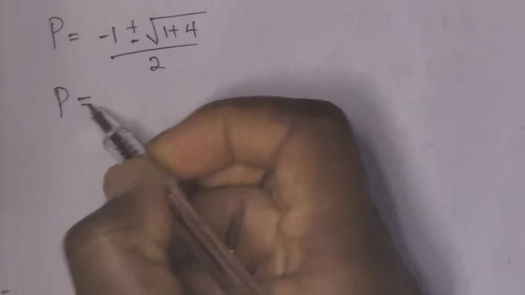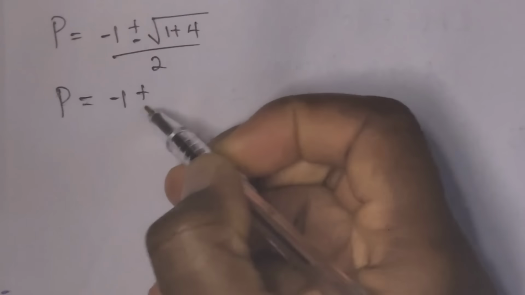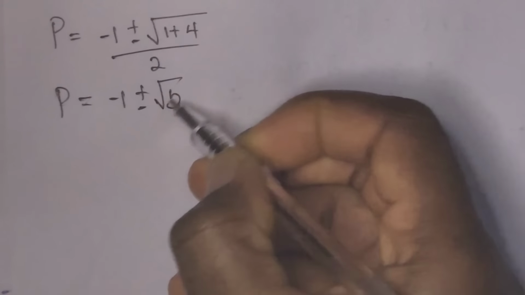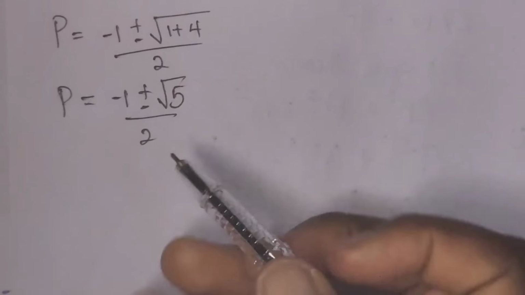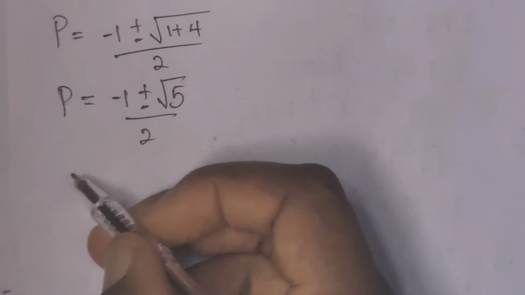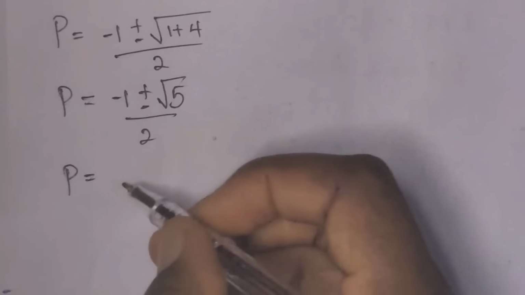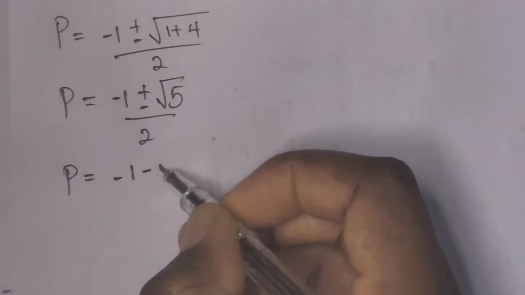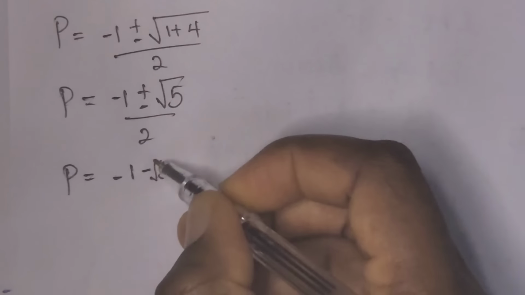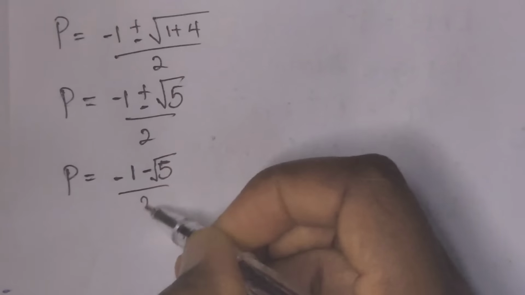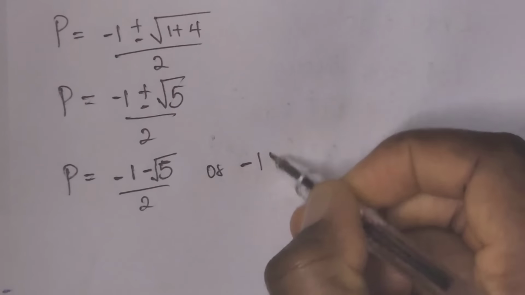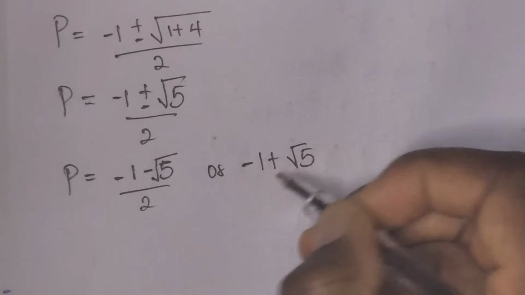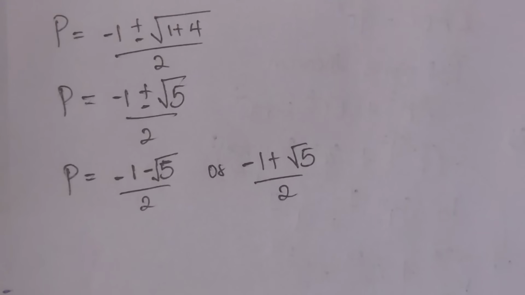So this is p equal to minus 1 plus or minus root 5 all over 2. So from here we have that p is equal to minus 1 minus root 5 all over 2, or minus 1 plus root 5 all over 2.